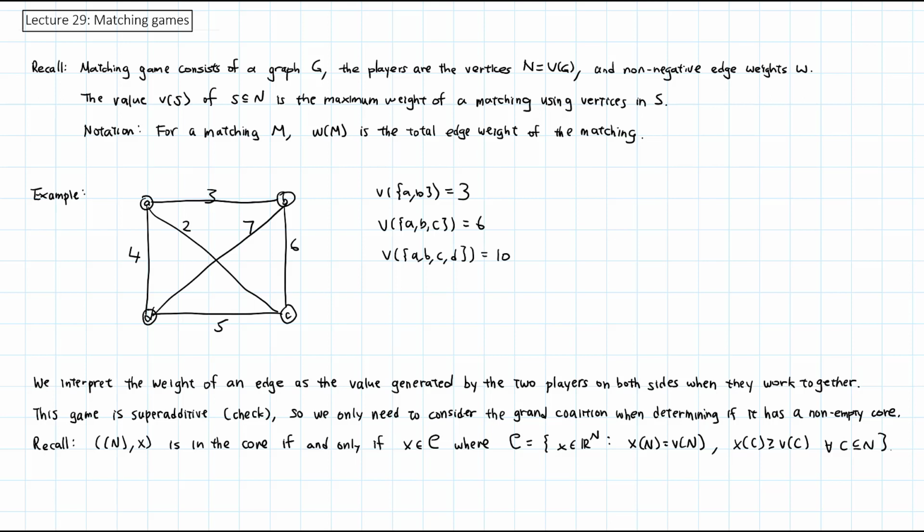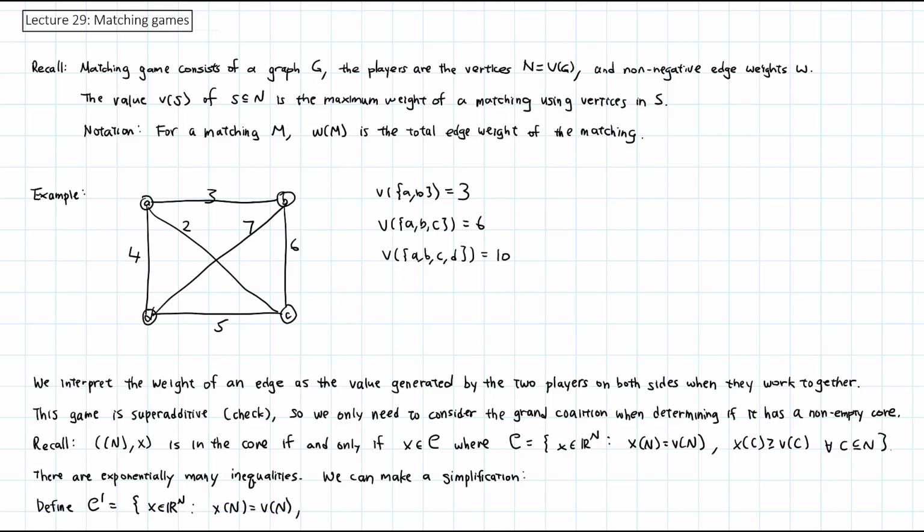Now, script C is a polyhedron that is defined by an exponential number of constraints. There are 2 to the n subsets of N. But we can make a simplification for the matching game. Define script C prime to be the set of vectors x where x of N is equal to v of N, and xu plus xv is greater than or equal to wuv for all edges uv, and x is at least 0.